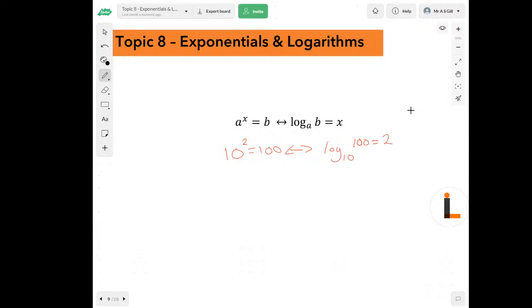What logarithm is saying is what power would we raise the base number 10 to in order to get the number that we are applying the logarithm to. So if we apply this power 2 to the 10, it would get us to 100. Right? So that's what logarithms are saying.